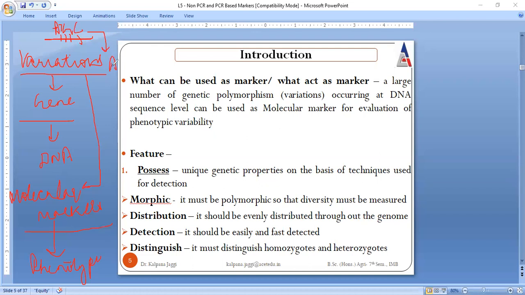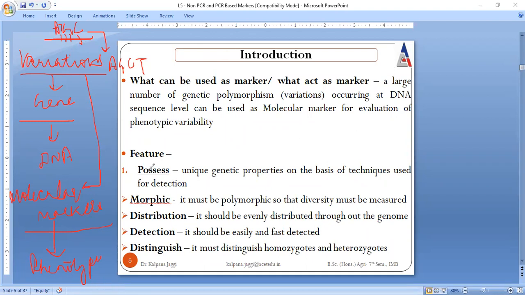Say the variations are A, G, C, T, or something else. So these variations are the basis of the molecular marker, and can be utilized for the identification of phenotype.